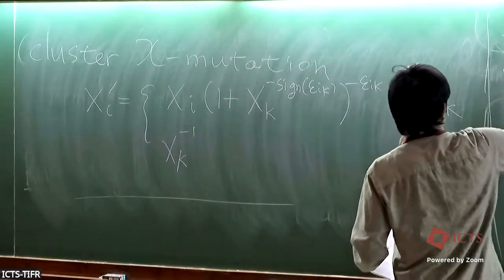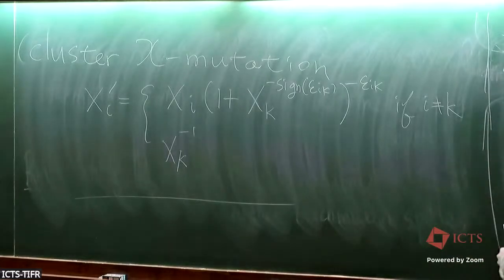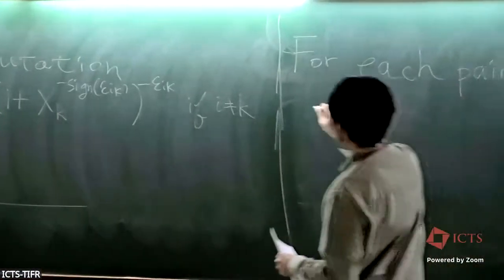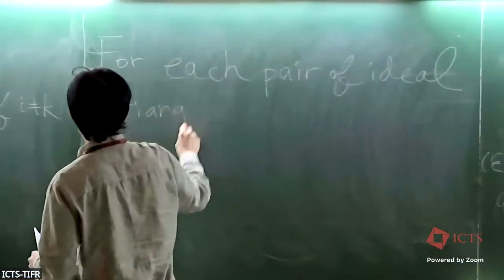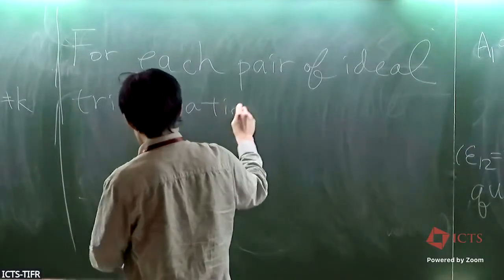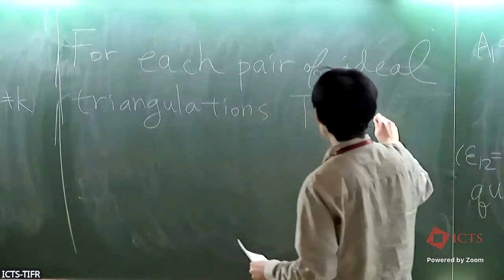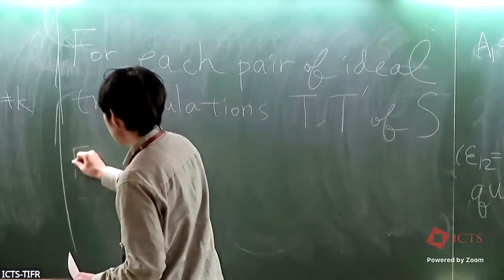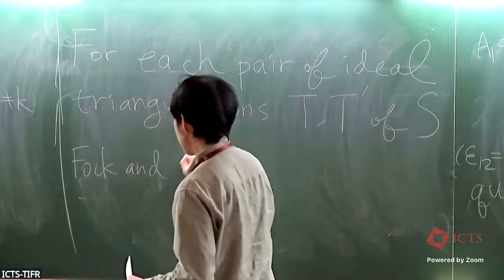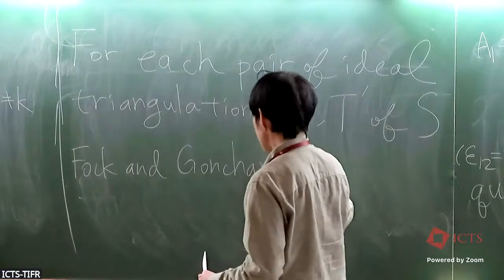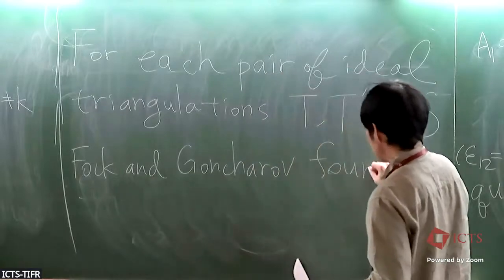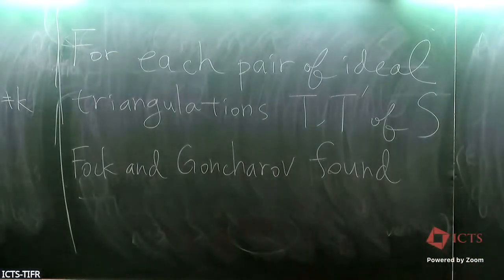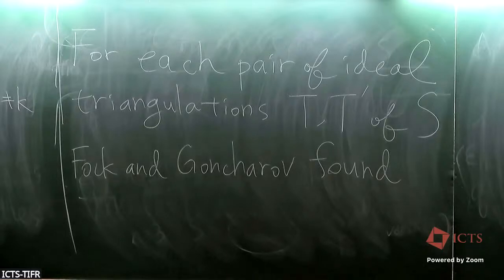So for each pair of ideal triangulations, let's say T and T prime of the same punctured surface, Fock and Goncharov found specific sequences of mutations that relate the two coordinate systems.